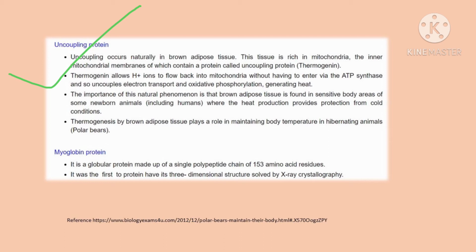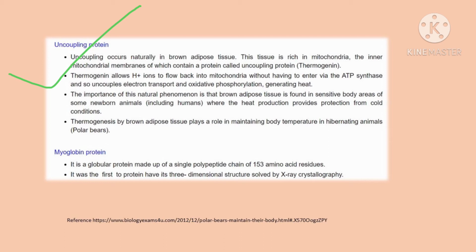Thermogenin allows H+ ions to flow back into the mitochondria without having to enter via the ATP synthase, and so it uncouples electron transport and oxidative phosphorylation, generating heat. The importance of this natural phenomenon is that brown adipose tissue is found in sensitive body areas of some newborn animals, including humans, where the heat production provides protection from the cold.